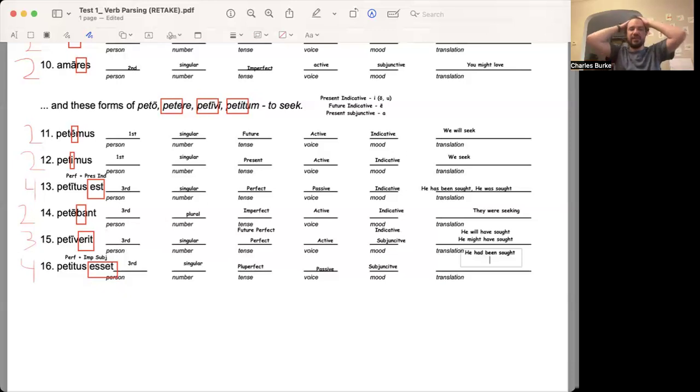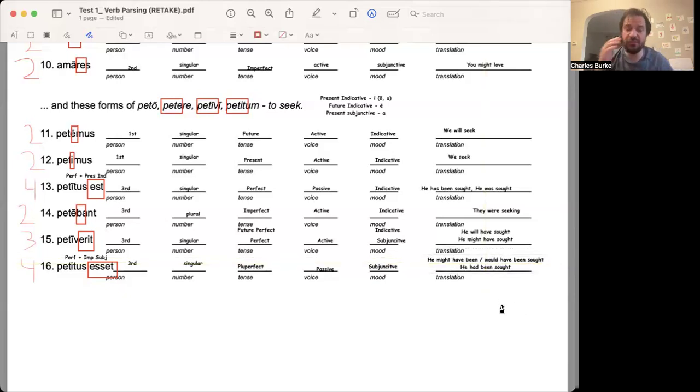However, if you want to translate it subjunctively, you can also do it as he might have been or he would have been, right? He might, subjunctive, have shows a kind of pastness to it, been, or he would have been sought.